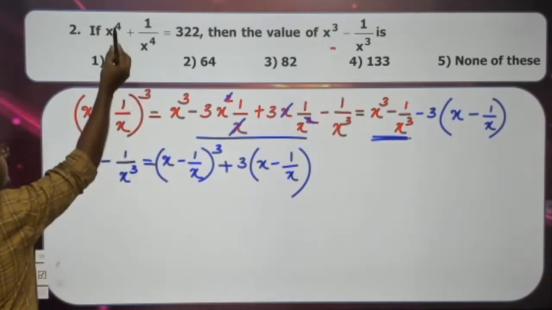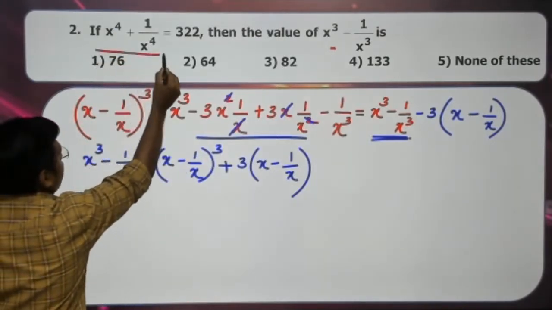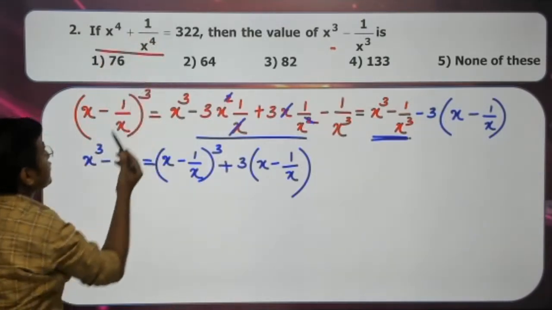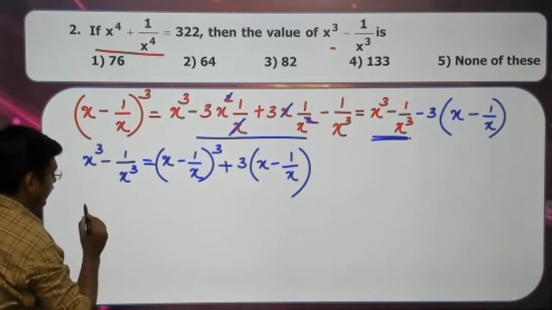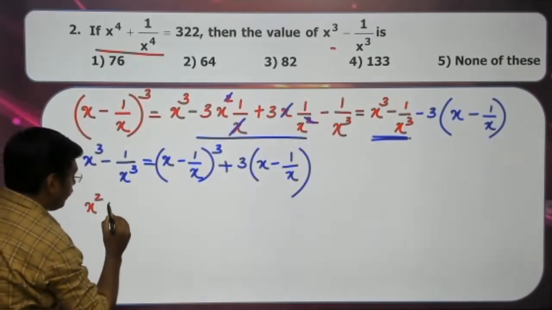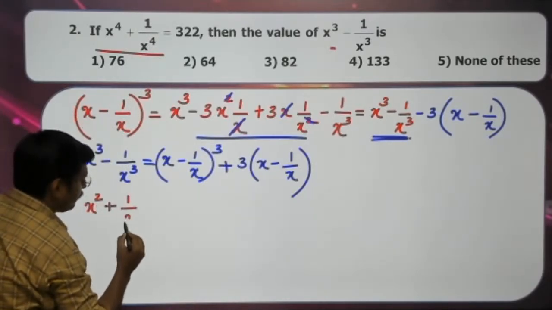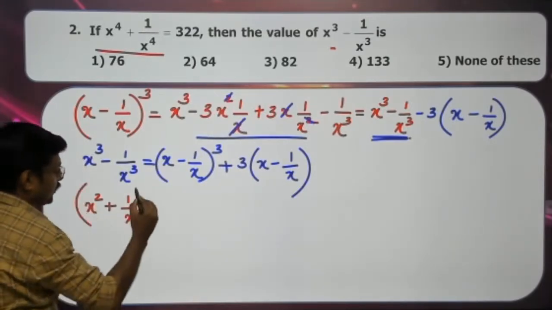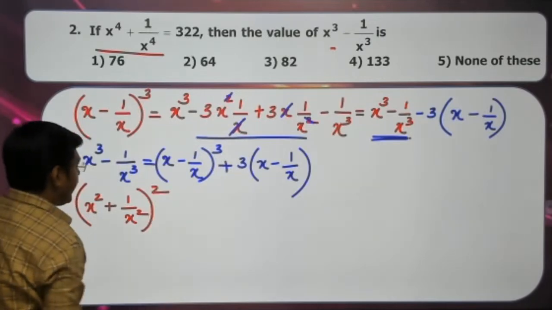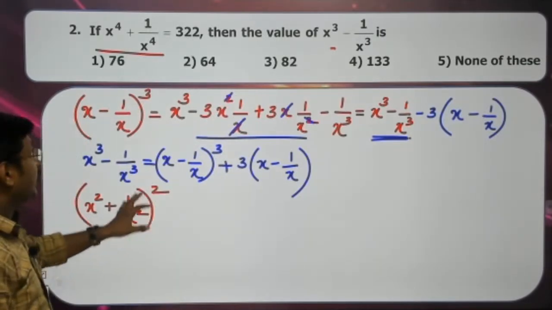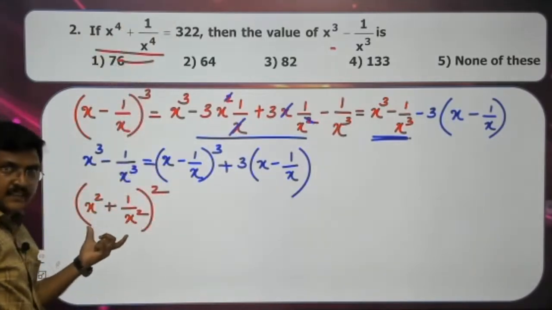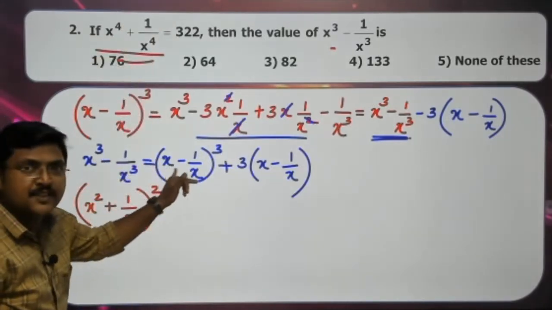There is an if condition given, and we need to connect it with this. So in order to make this connection, I am writing x square plus 1 by x square, the whole square. In order to make this frame x raised to 4 plus 1 by x raised to 4, I am writing like this. So from this, I hope we can find x minus 1 by x.